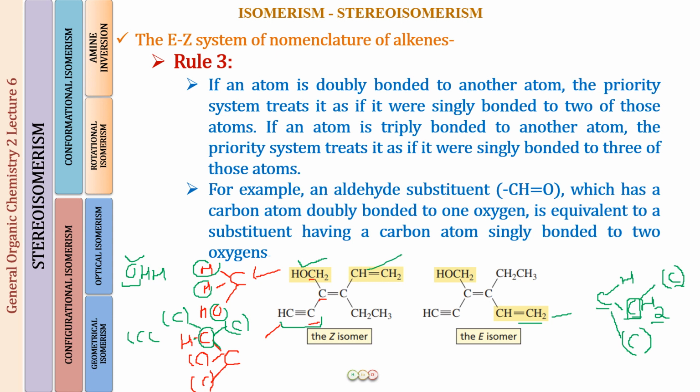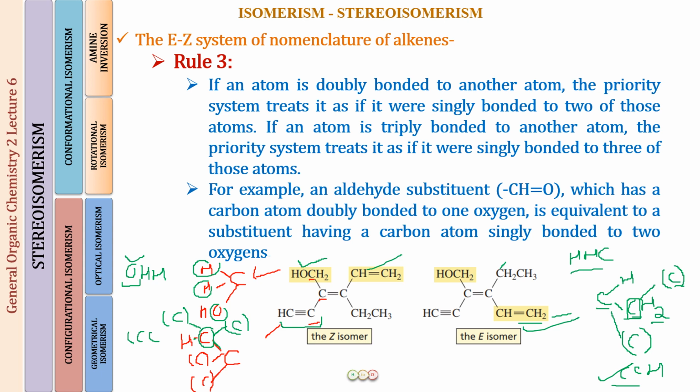And for the CH double bonded to CH2, what is going to be my priority? You can see over here, this is a C, C and a H. And if you look over here, this is going to be a H, H and a C. So here we have two hydrogen, here we have two carbon, so this is going to be the group of priority.